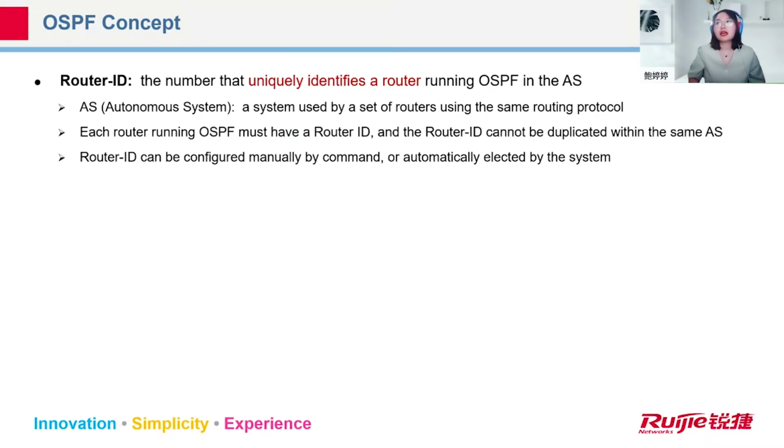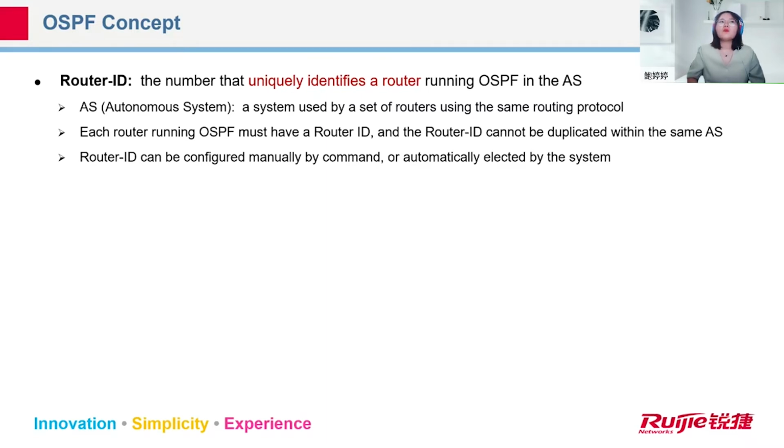The first one is the router ID. The router ID uniquely identifies a router running OSPF in the AS. The AS is the autonomous system, which means a system usually made up of routers using the same routing policy.